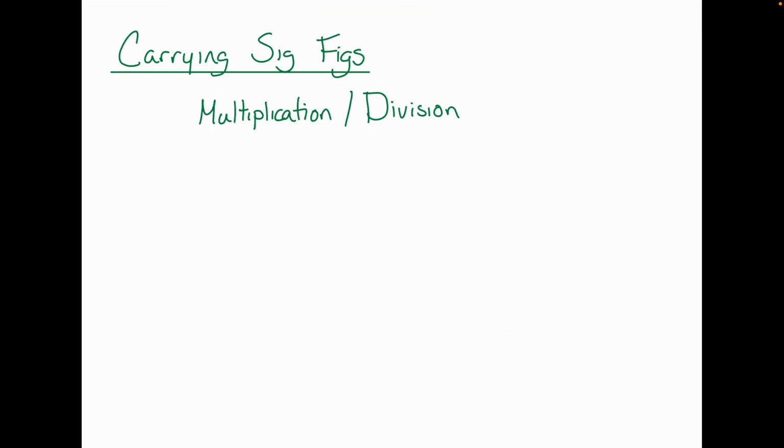So let's take something like 4.5 times 1.255. Okay? This is not the hardest operation in the world in that we all have calculators that we can use, right? We don't have to do any mental math here. It's not like I have to know what it is off the top of my head. So what we're going to do is first step is to just perform the calculation just like you were in a math class, right?